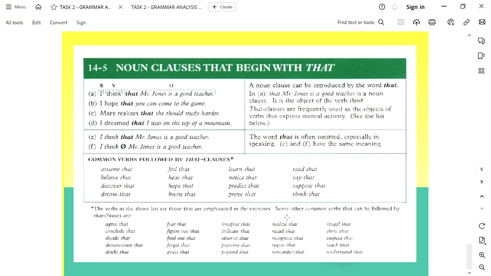Some other common verbs that can be followed by that clause are listed as an addition. So yeah, this is the explanation for the noun clauses. I'm going to continue with the explanation of adjective clauses.